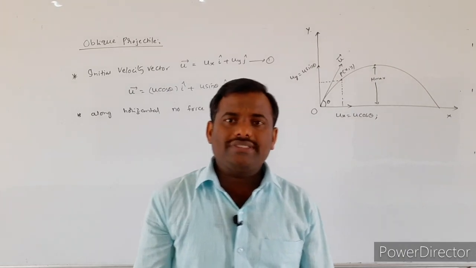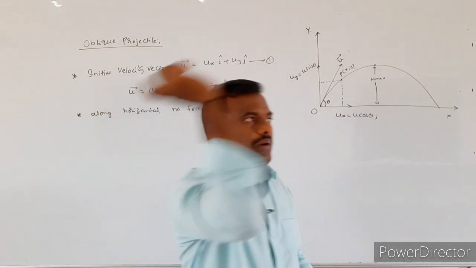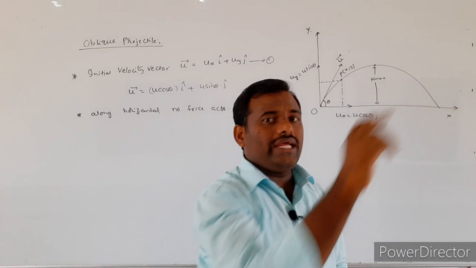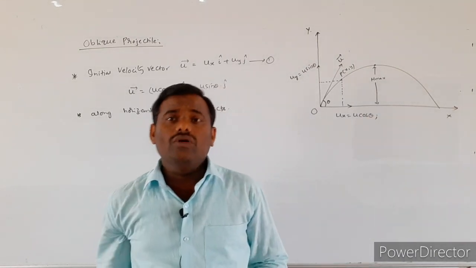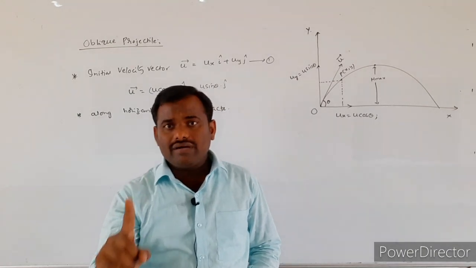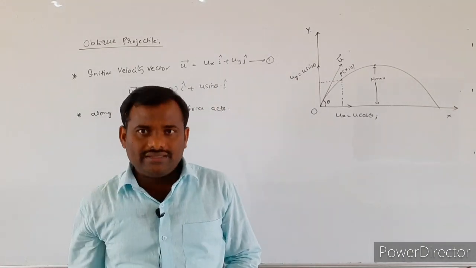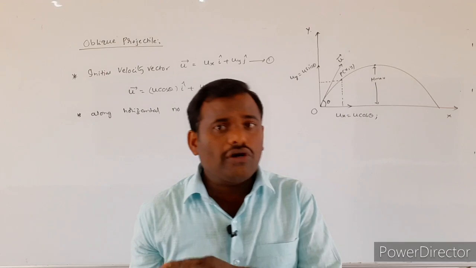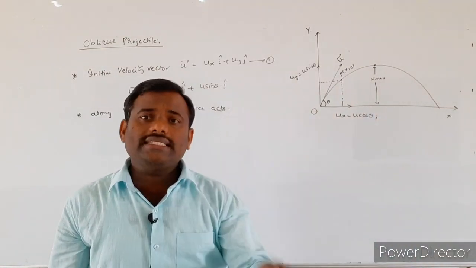If we throw a body into the air, only one force is present over that body, that is nothing but gravitational force. There is no force acting along the horizontal direction.